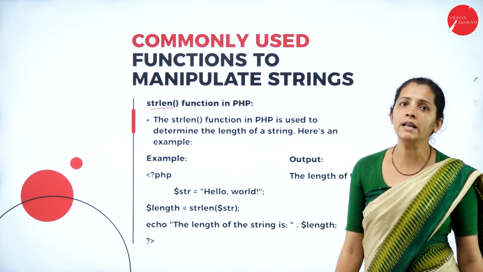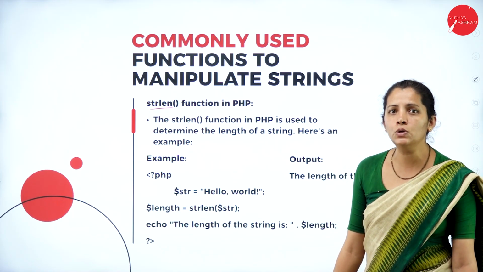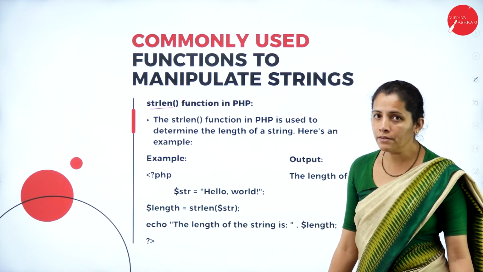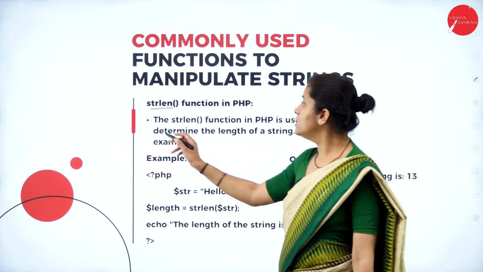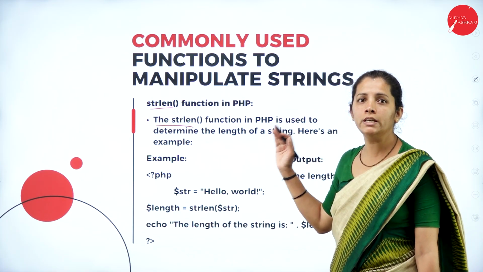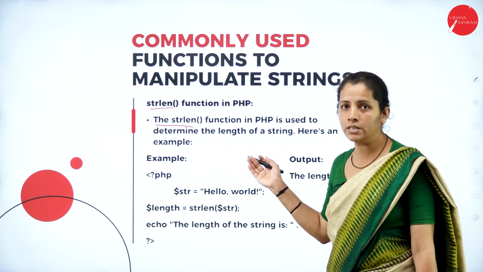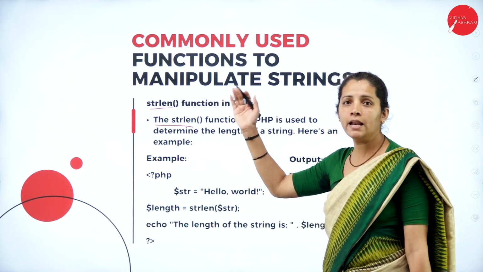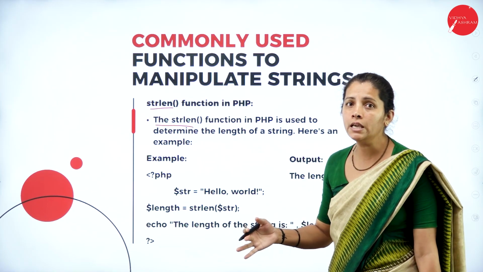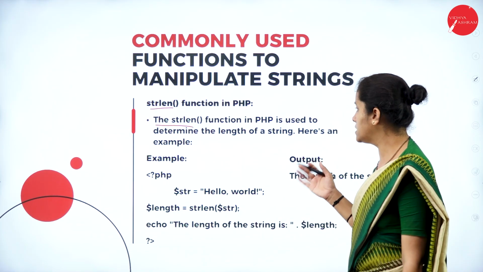Suppose I want to find the length of a string. Instead of doing it manually, I'll use the built-in function. The string length function in PHP is used to determine the length of the string, and it returns the length of the string.